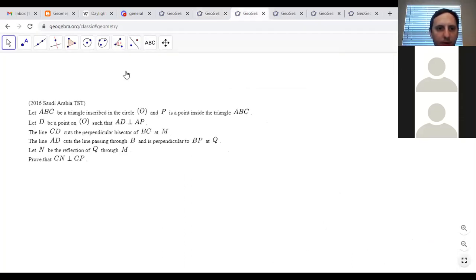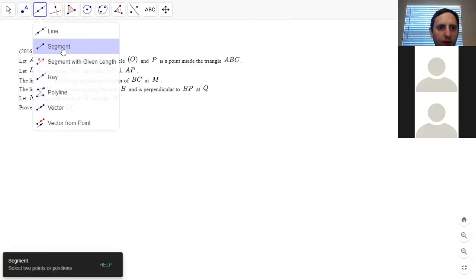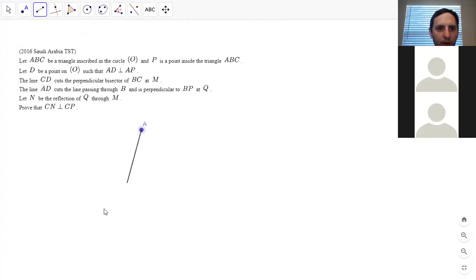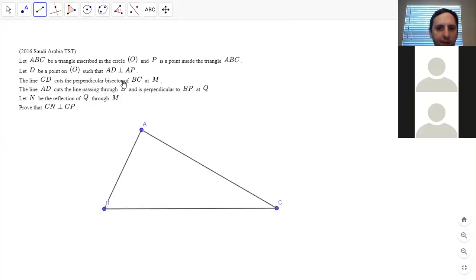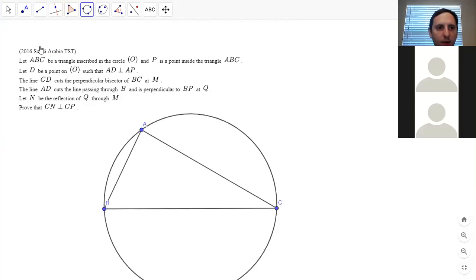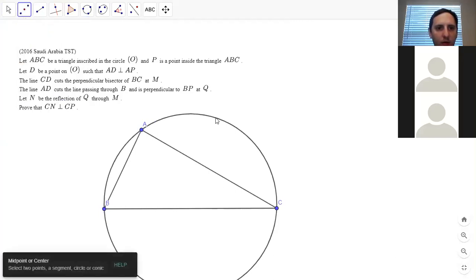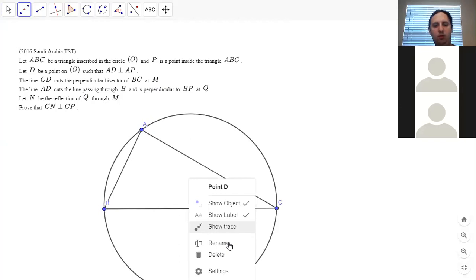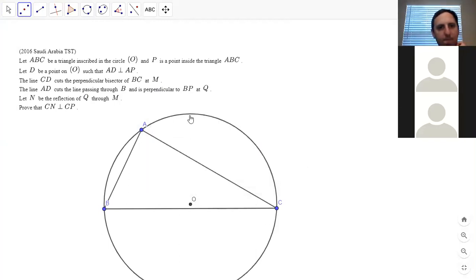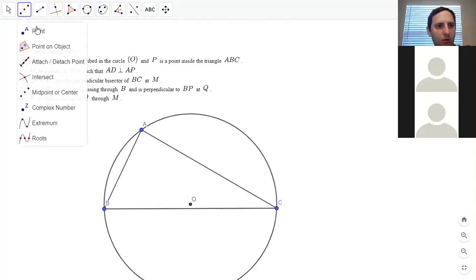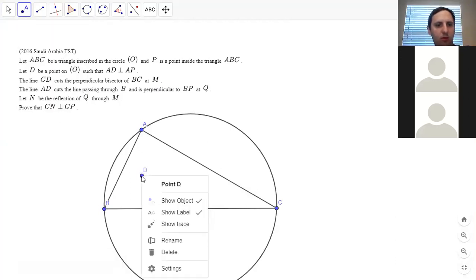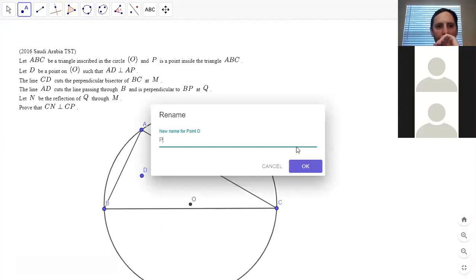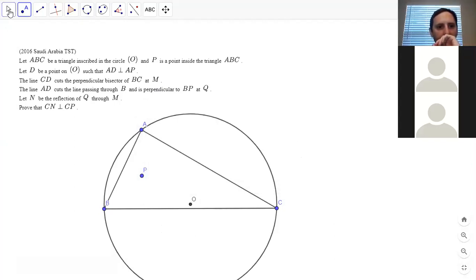Let's see how hard this one is. So we have a triangle ABC and a circle O, and P is any point. So that's pretty flexible. D is the point so that AD is perpendicular to AP.